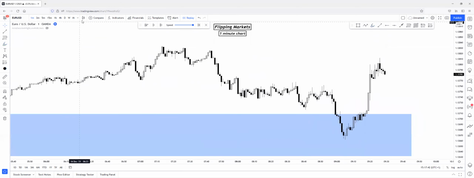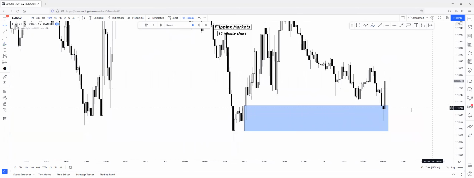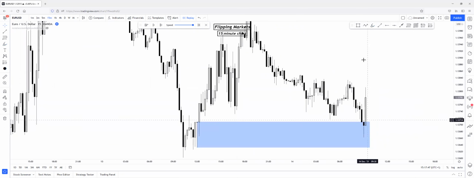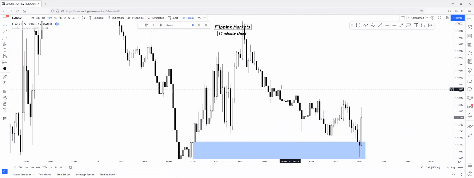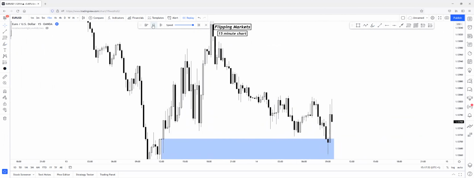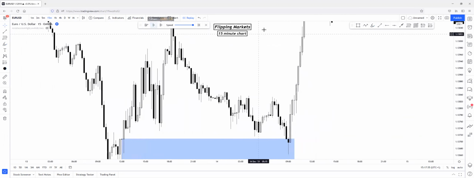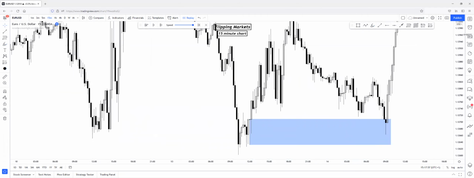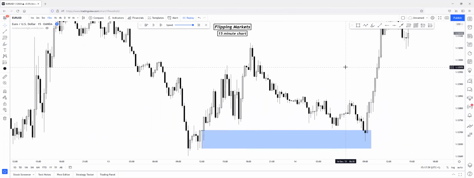As you can see, it was just a sweep on the 15-minute, and after the sweep, the liquidity collection and the demand tap, price started to continue the overall bullish order flow to the upside. So that's the importance of knowing if it's just a liquidity sweep or a change of character or a break of structure.